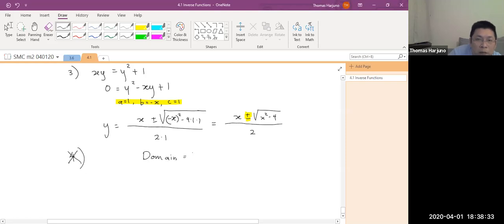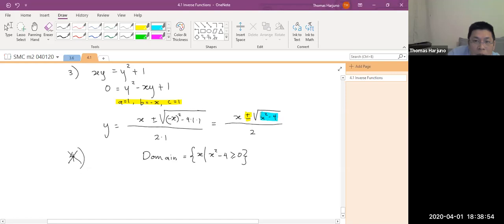The domain of this inverse is all x where x squared minus 4 has to be at least 0, right? The y will not be defined, or not a real number, if the radicand is negative.